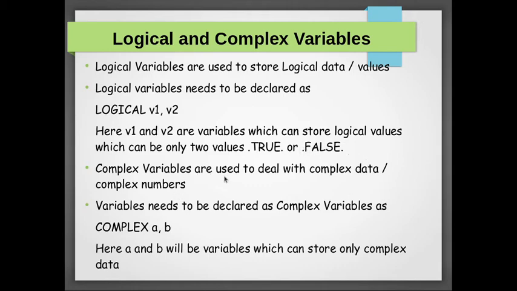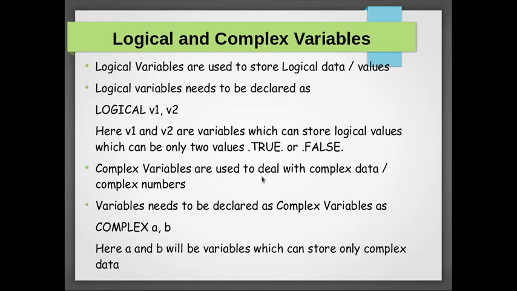Complex variables are used to deal with complex data or complex numbers. We talked about complex constants. Fortran, as I said, has a limitation: I can't write a complex number exactly in the form A plus iB.